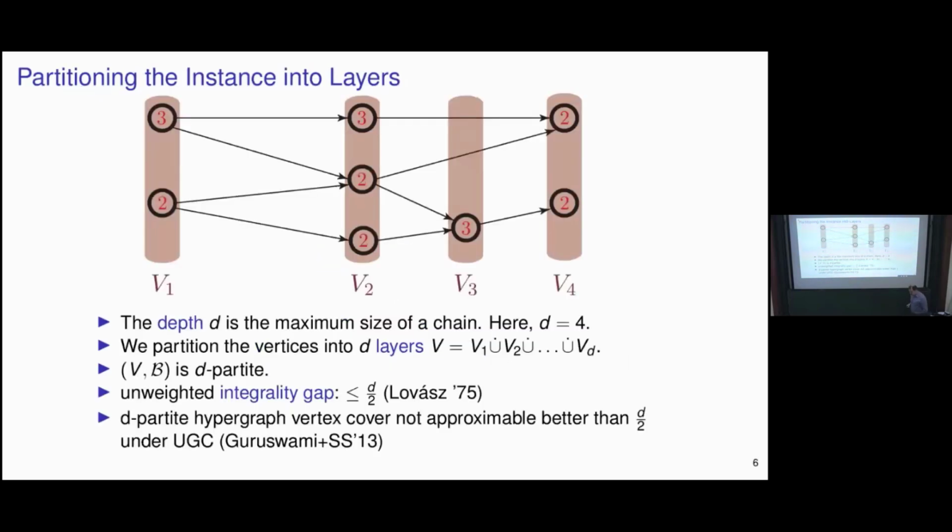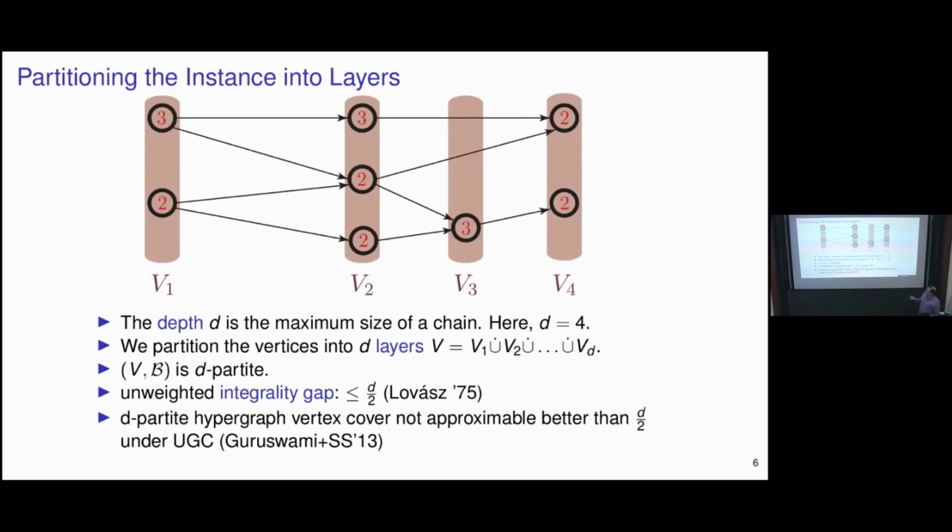Now the good thing is, because our depth is bounded by d, we can trivially partition our elements into levels just by the maximum length of a chain of that element. That also means that our hypergraph is d-partite.